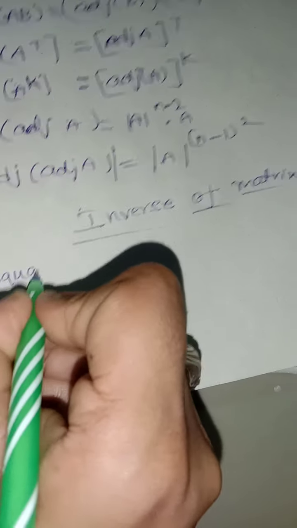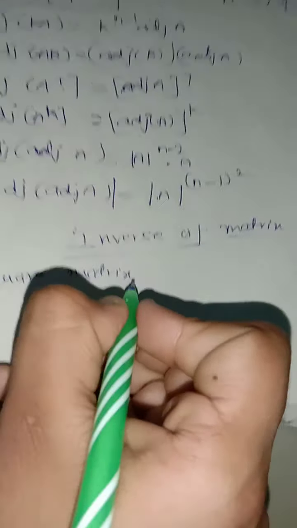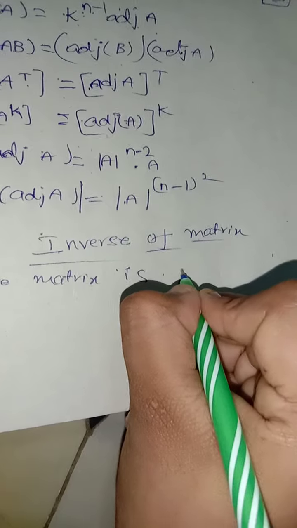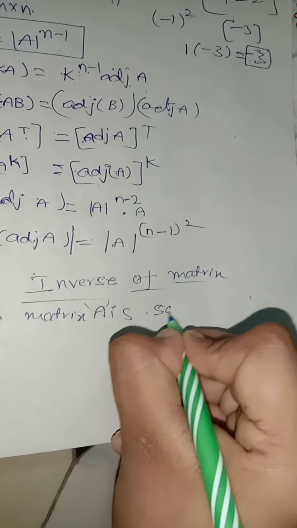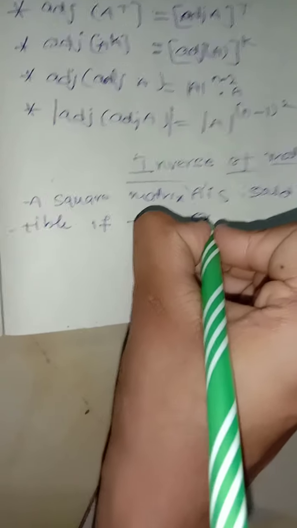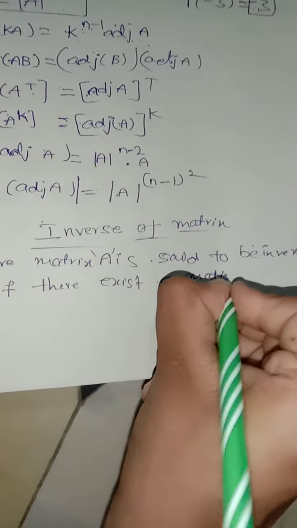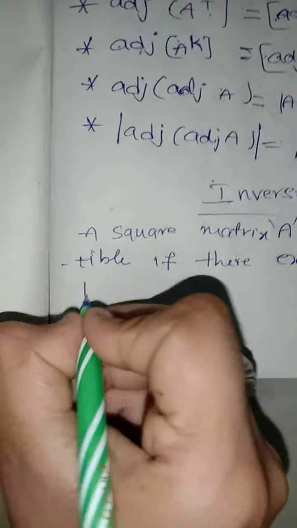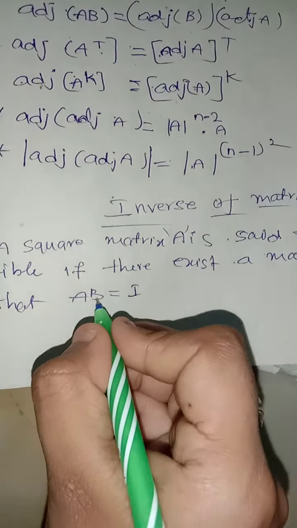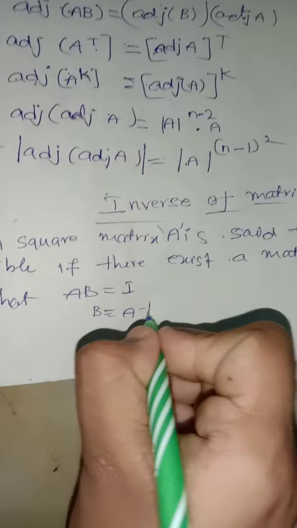There are some conditions and also one simple definition: a square matrix, capital A, assume that, is said to be invertible if there exists a matrix B such that AB equals I. If AB equals I, then we can say that B equals A inverse.